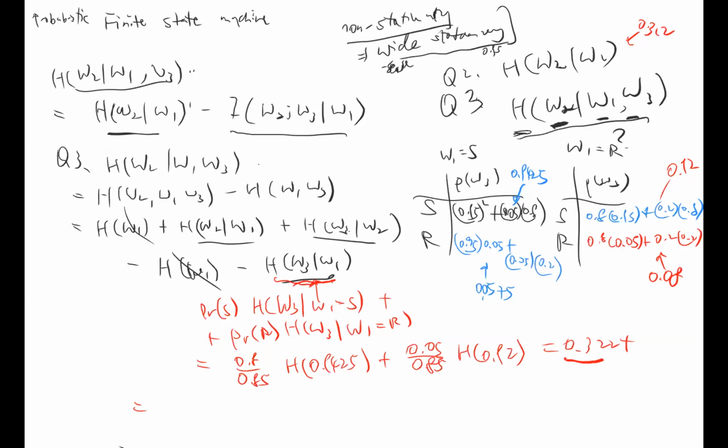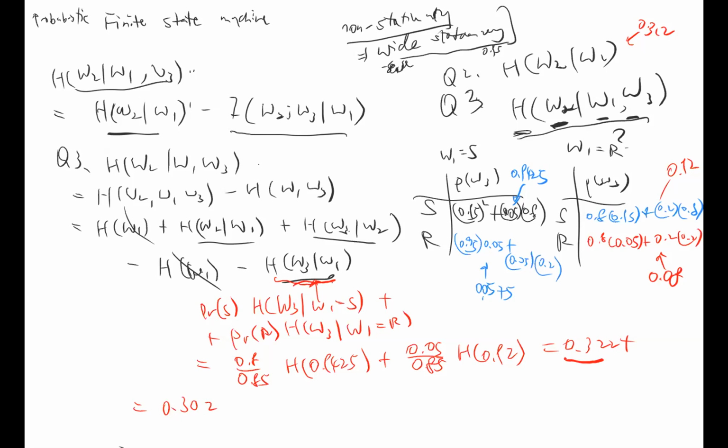So this is 0.302, something like that. So you guys are fine with that? So you see, therefore that's actually a drop, a slight drop. It's not a lot, but it's a slight drop, right?